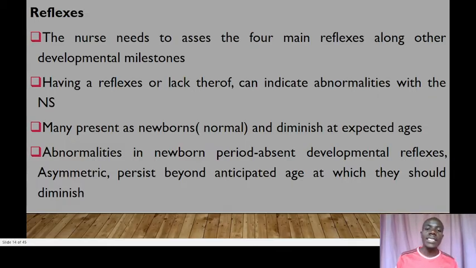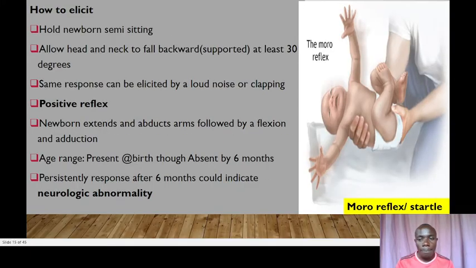So abnormalities in the newborn period could include absent developmental reflexes, maybe being asymmetrical, or persisting beyond the anticipated age at which they need to have diminished. The first reflex to elicit is the motor reflex, the startle reflex, for example.